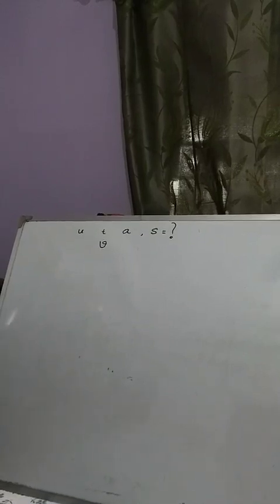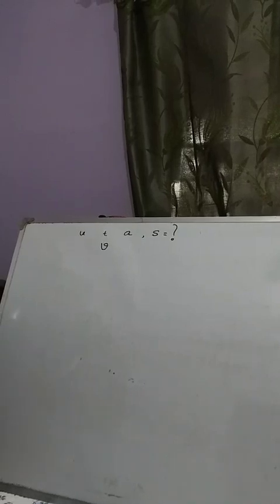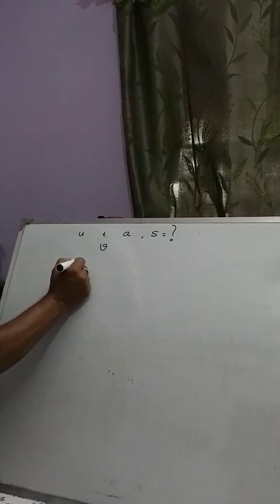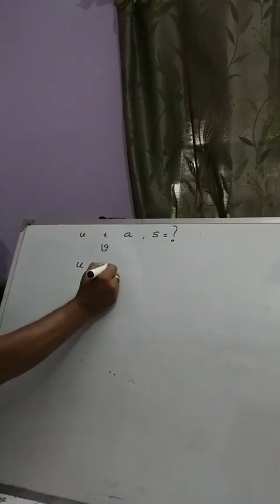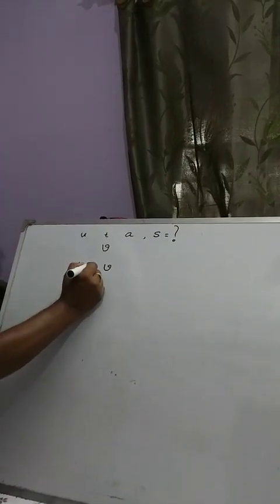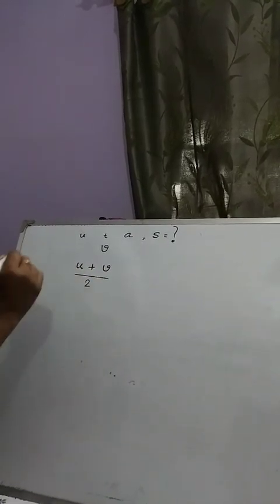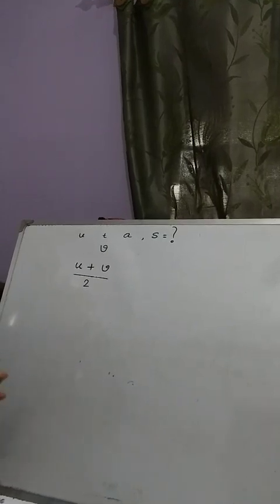Here the velocity gradually increases with respect to time. So if we have to find out the distance, then we have to consider the average velocity. u is the initial velocity, v is the final velocity. So the average velocity is (u plus v) by 2. Now we consider the particle is not in acceleration.